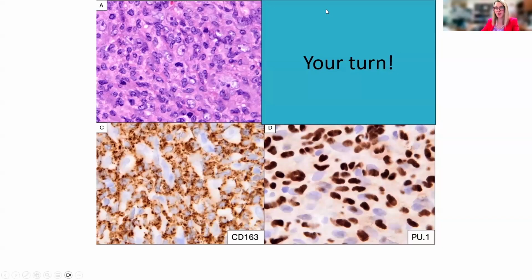So this is our last case. I'll let you contemplate quietly as what you think is going on here. This is CD163. This is the Q1. It's very high power, but trying to show and highlight that some of these larger cells intermixed are actually negative.